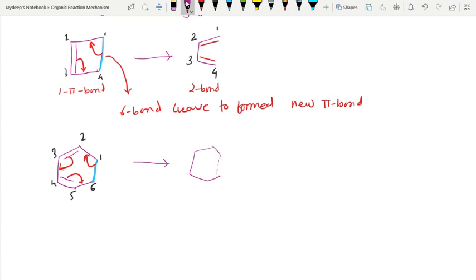Now this 1, 6 bond is there. Sorry, let us draw the ring in a new format.